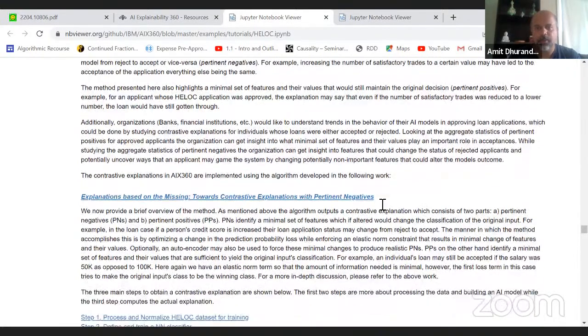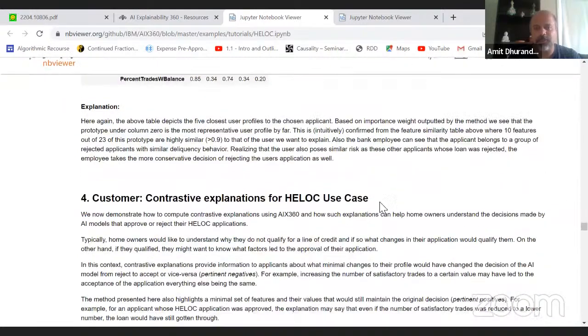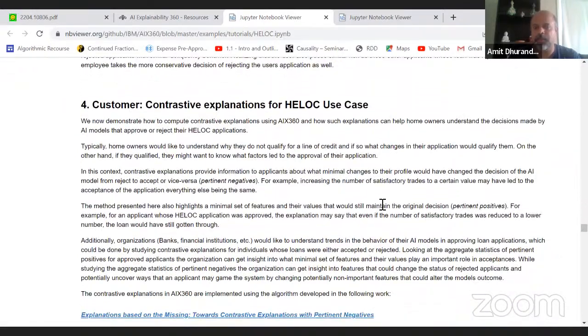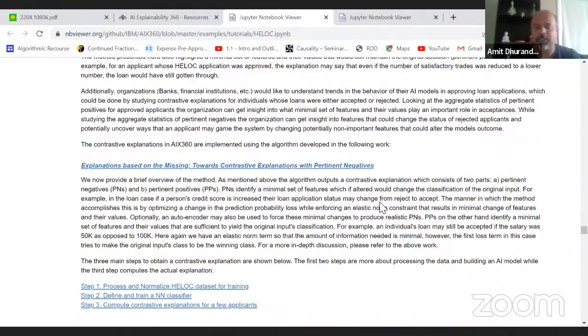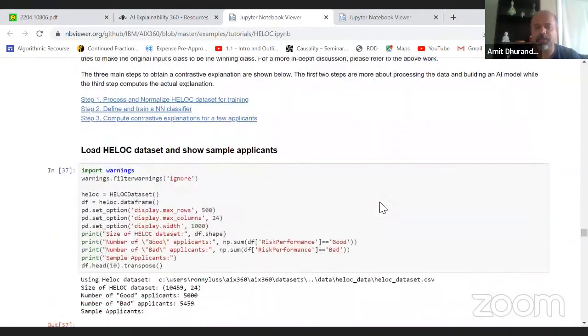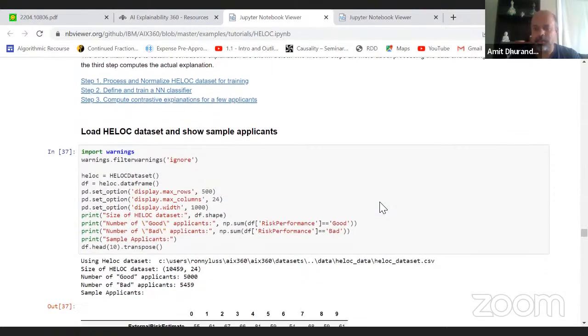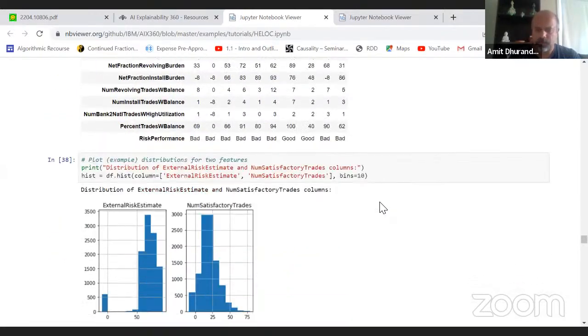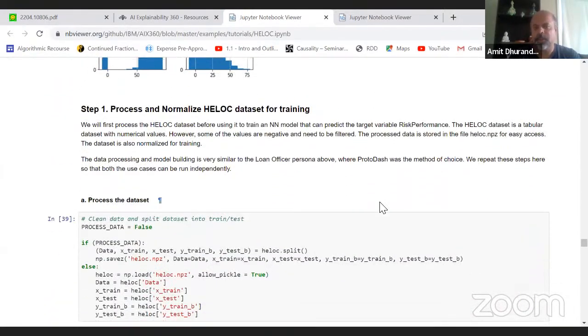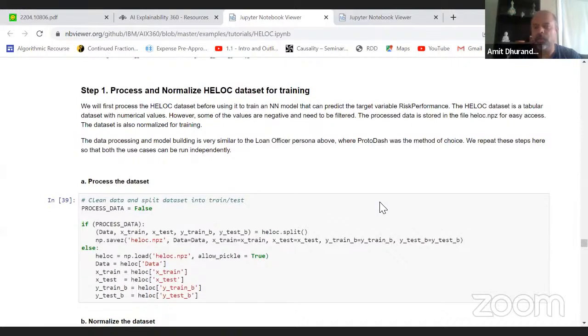So the CEM method is one of the things which is contrastive, as I was saying: a person whose loan is denied would want to know how he can change his status. I had thought of this through common sense, because there were a lot of explainability methods showing what is important. But I was thinking that as humans, when we describe something, we don't just describe the most important aspects, but we also say, this person is different than this person because of this, and so on.